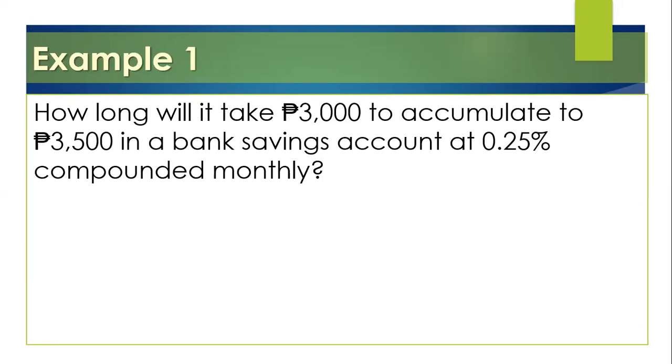So, sabi niya, gaano daw katagal para maging 3,500 yung 3,000 mo. Pag sinave mo sa bangko na merong 0.25% interest rate compounded monthly. Okay? So, lagi po, kung mapapansin natin, laging mas malaki yung future value. Kasi nga nag-accumulate na siya or nag-earn na siya ng interest. So, mas malaki lagi yung F natin.